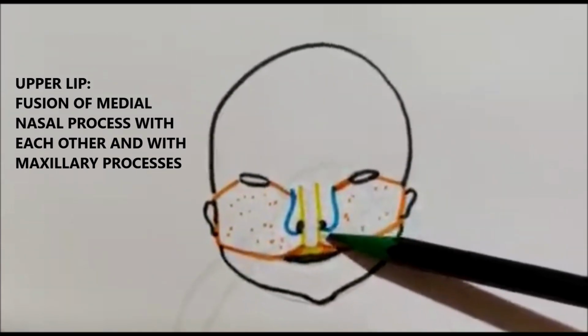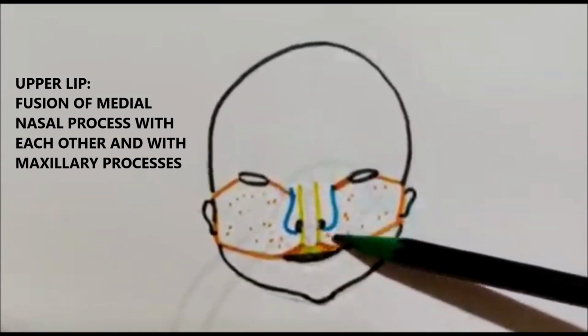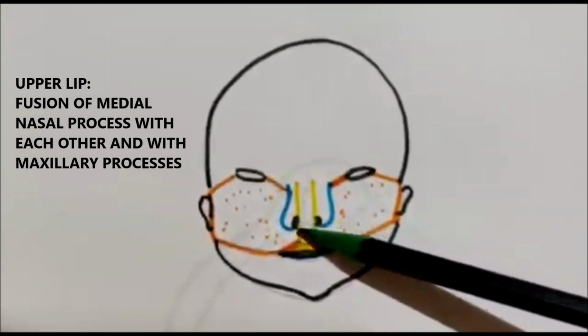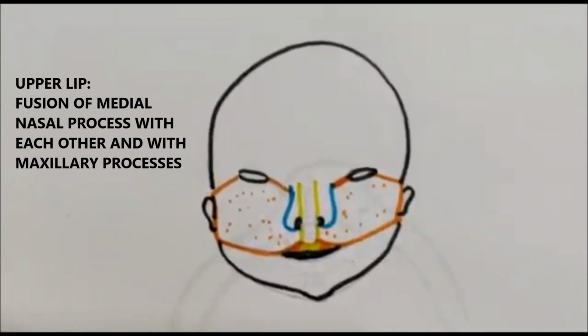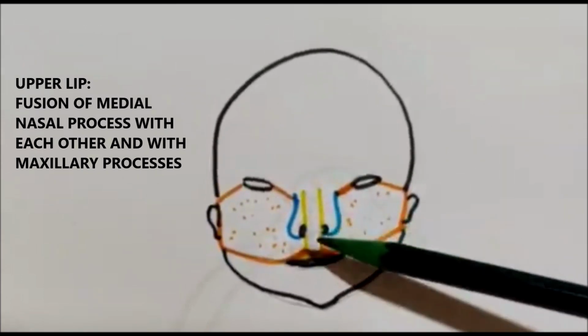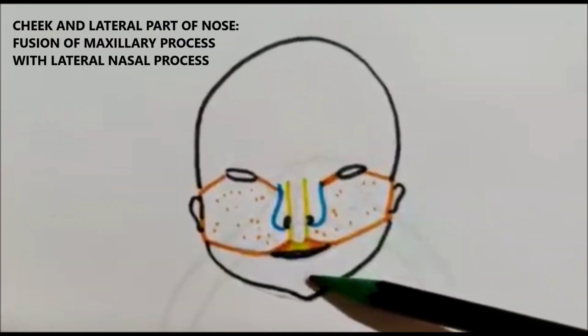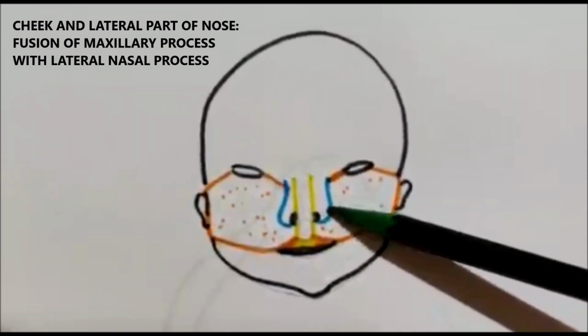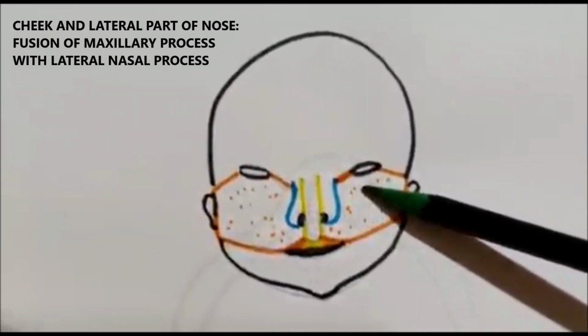Then when the maxillary process fuses with the medial nasal process, it will form the lateral part of the upper lip. And the 2 medial nasal processes also fuse with each other to form the philtrum portion of the upper lip. Then later on, the maxillary process fuses with the lateral nasal process to form the cheek area.